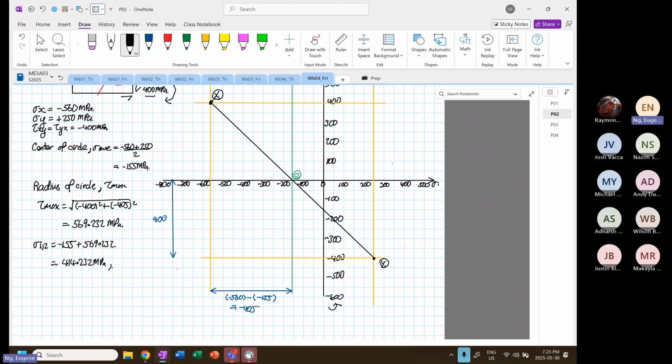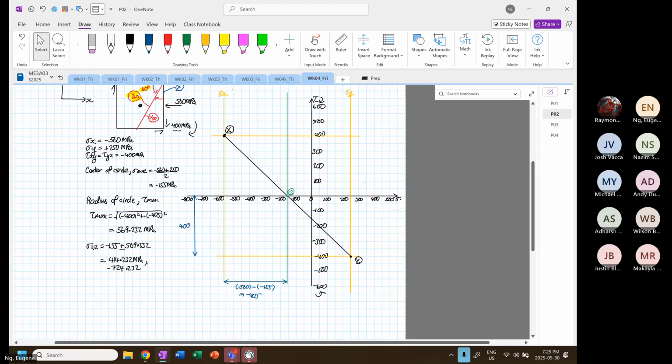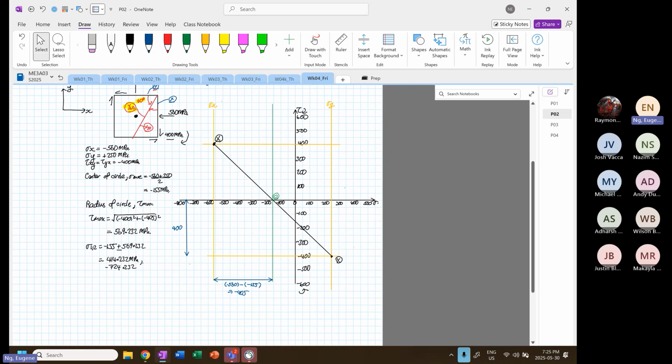And the other one, minus 155 minus 569.232, is minus 724.232.